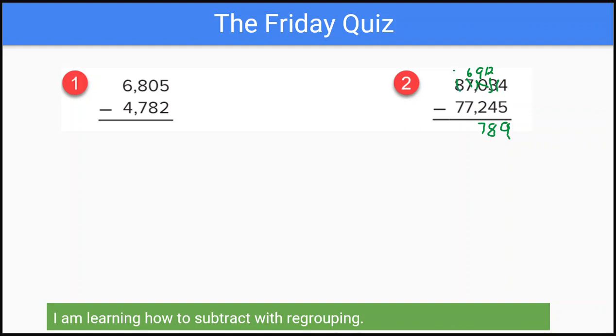No. So I'm going to make this a 7, and I'm going to make this a 16. 16 take away 7 equals 9. And then here we have 7 take away 7 is nothing, right? So I'm going to put in a comma, and the difference between these two numbers is 9,789. Kids, right now you're learning how to subtract by using regrouping.